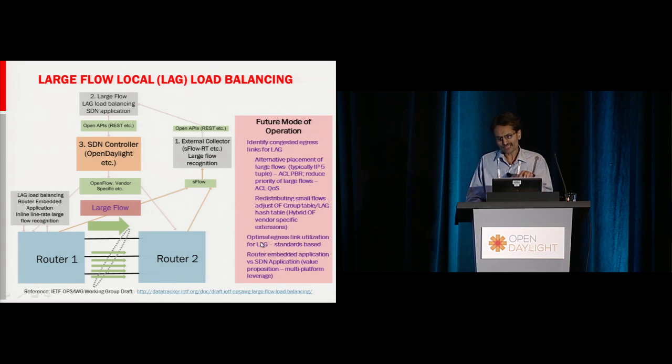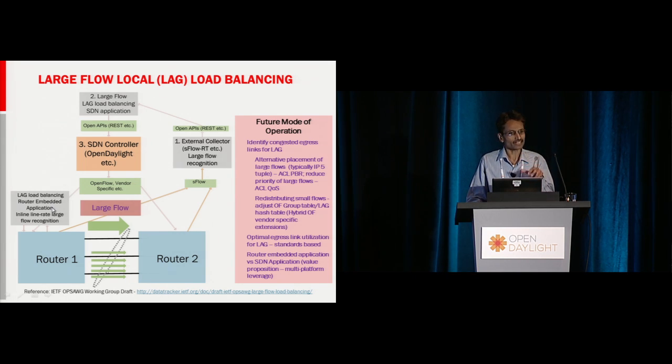The other interesting way of implementing this is, because it's LAG and completely local, you could consider implementing it as a collapsed function in a router embedded application. The reason you could do it is if you're using inline line rate recognition techniques, which you talked about before, then it makes sense to embed it.